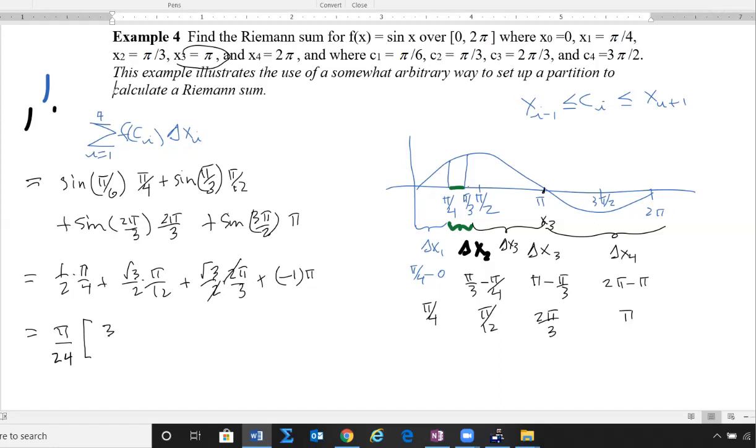Okay, I'm going to reverse my decision here. I'm going to pull out a 24. And that's going to leave a 3 as my first term, and my second term will be root 3. My third term will be 8 root 3, and my fourth term would be a minus 24.